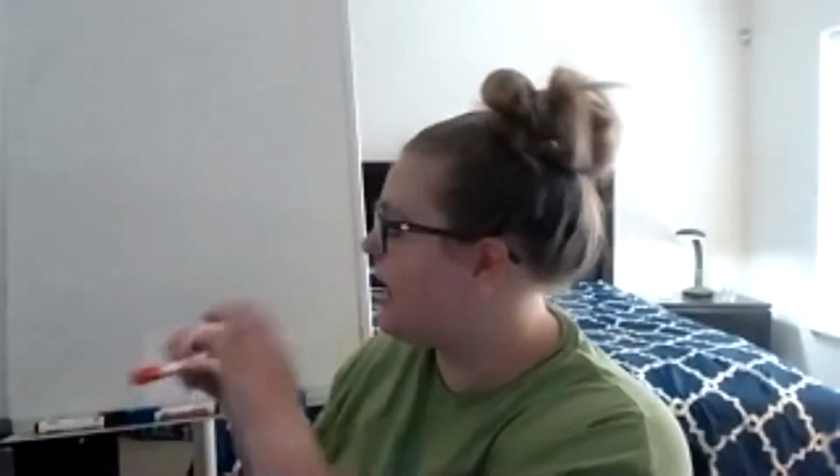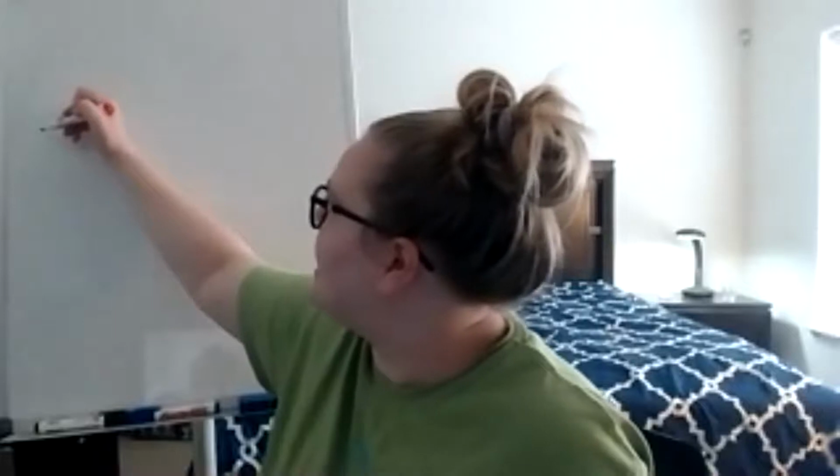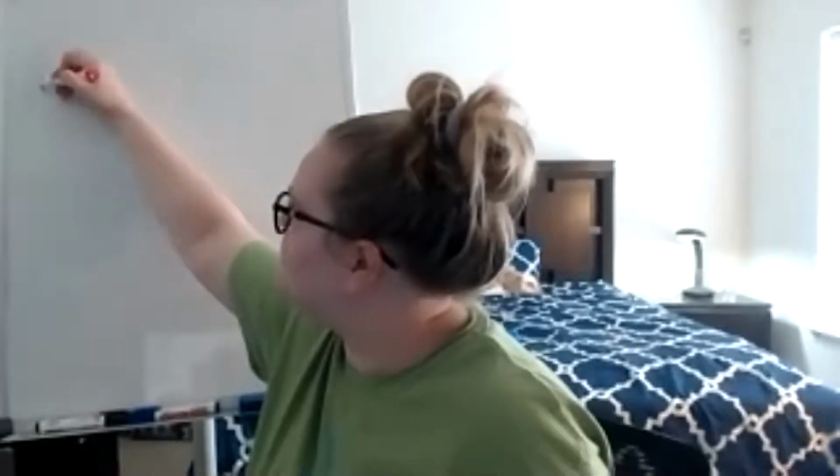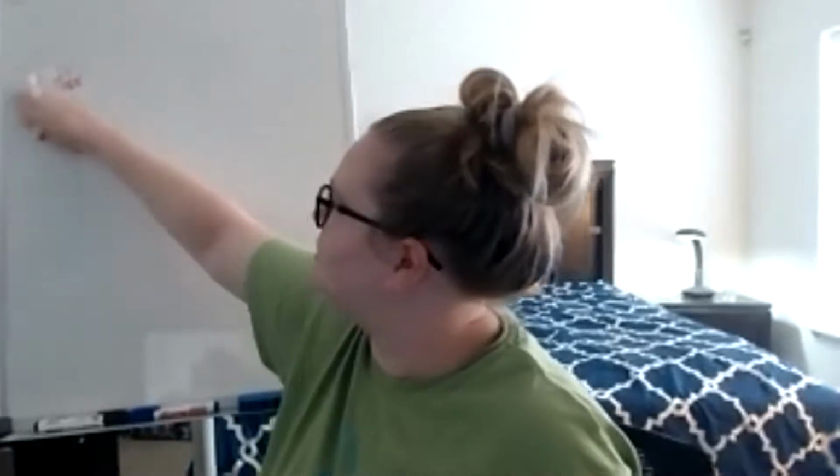So it says to create a graph. So if you're helping to sort and fold laundry, and you're going to come up with a graph, let's say you're choosing between t-shirts, or I'll just say shirts.